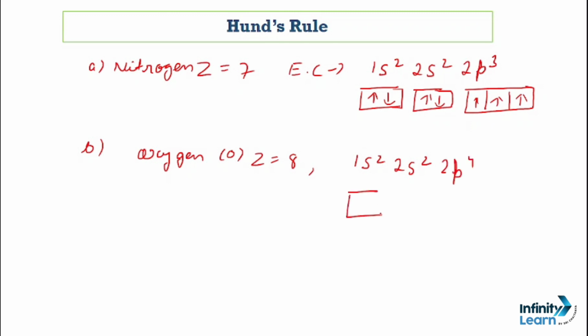So s has 1 orbital, in which we can fill a maximum of 2 electrons, and p has 3 orbitals, and here we have 4 electrons. If we fill 1 electron here, 1 here, 1 here, it would be 3, but we have to fill a total of 4 electrons.